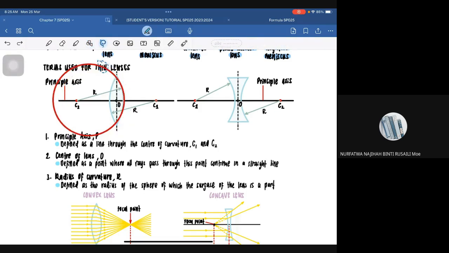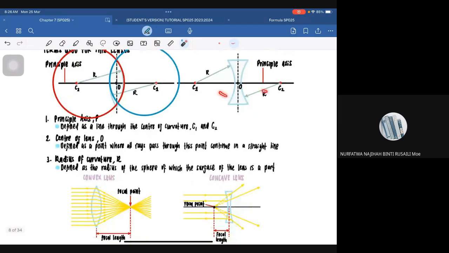So center of curvature untuk this lens here will be here. Lepas tu kita ada lagi satu circle. So that's why dia ada 2 center of curvature and 2 radius of curvature. Actually dia 2 bulatan lah.